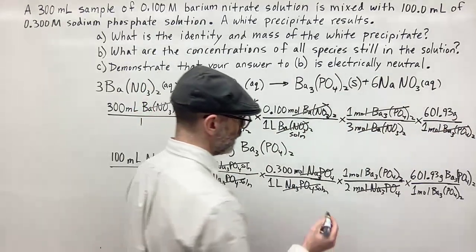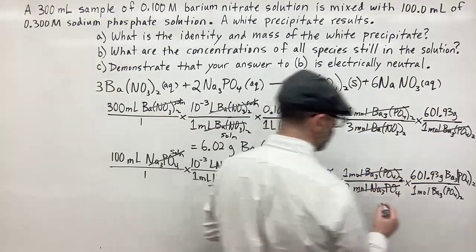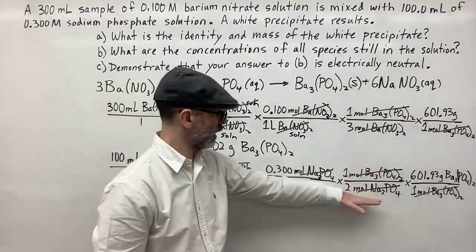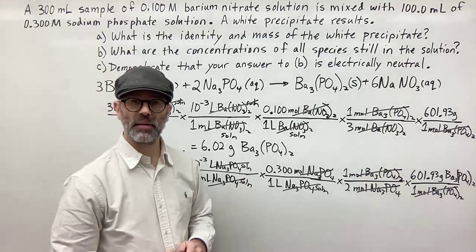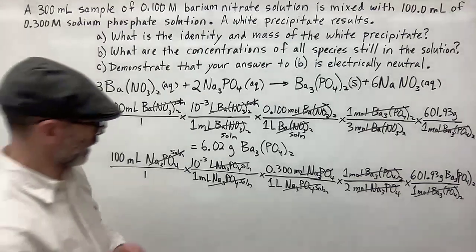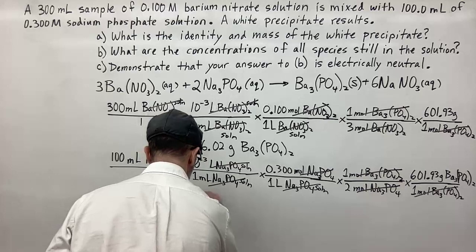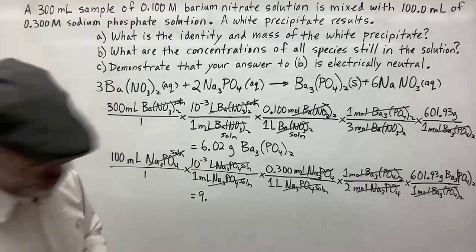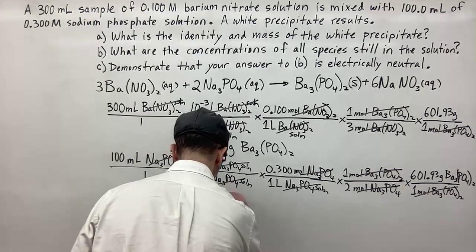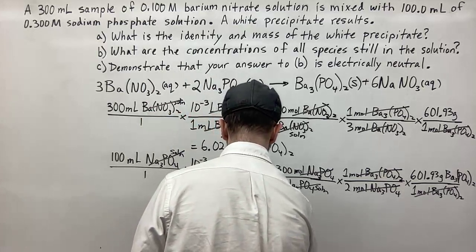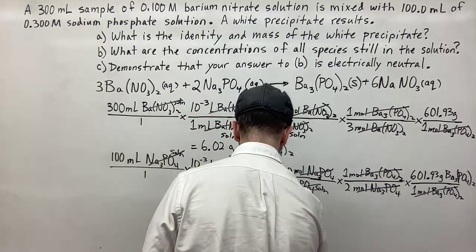Okay, and so now moles of the barium phosphate are going to cancel out. And again, all I need to do is multiply across the top, divide by the bottom, and I'll get the number of grams. And when I do that, I get 9.029 grams of barium phosphate.